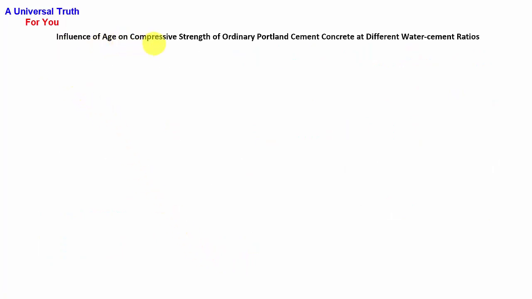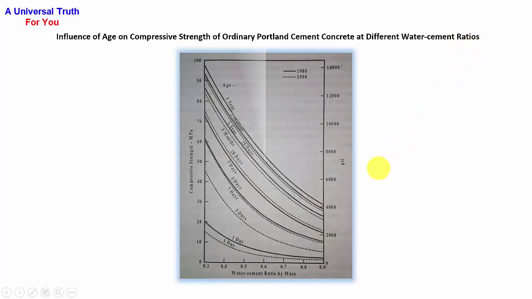Influence of age on compressive strength of ordinary Portland cement concrete at different water cement ratios. So this is the figure between water cement ratio by mass and compressive strength in megapascal. And another side is PSI. So these are the values of 0.3, 0.4, 0.5, 0.6, 0.7, 0.8, 0.9 in x direction.